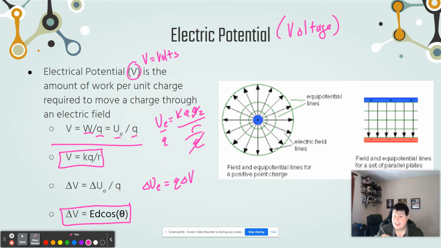It's like that last equation for potential energy: the change in potential is the electric field between maybe two plates, times the distance, the gap that you are considering that potential between, and then, of course, the cosine of theta. This works the same way. If you move perpendicular to the electric field, there's no difference in terms of potential between those two places.